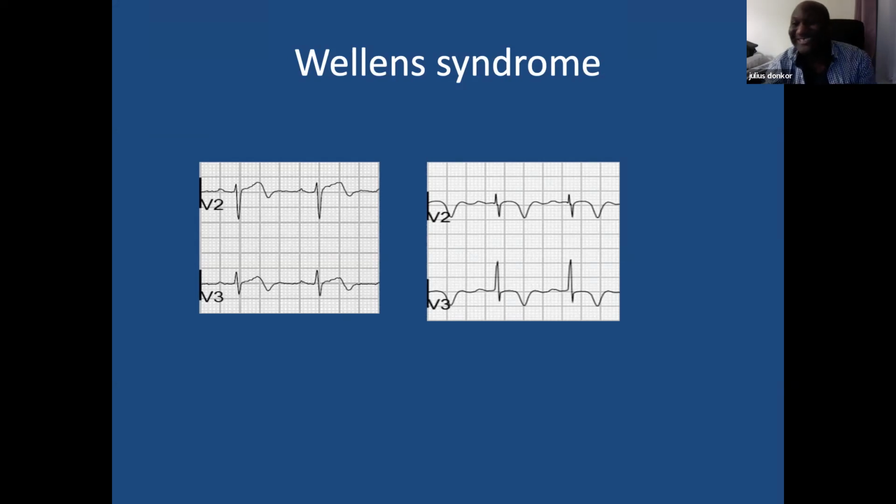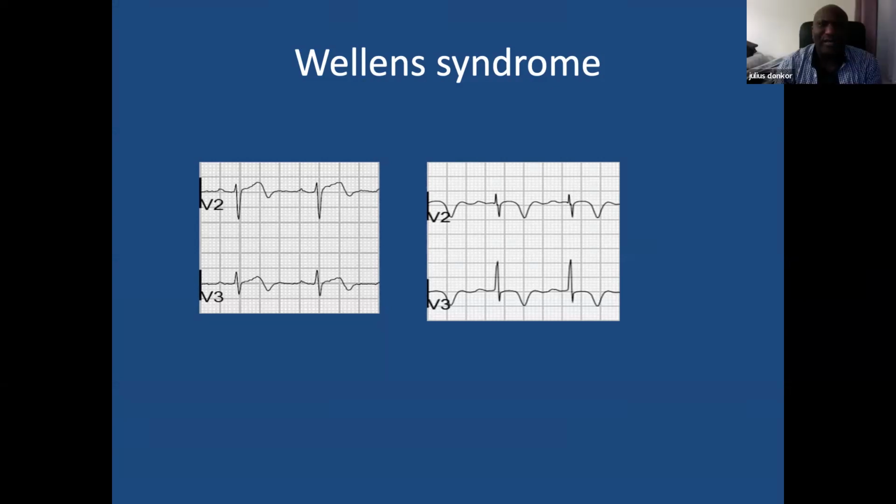I can actually do a presentation on that because it's really useful for the differential diagnosis of benign early repolarization, MI, and also pericarditis. All of them involve an ST elevation component.